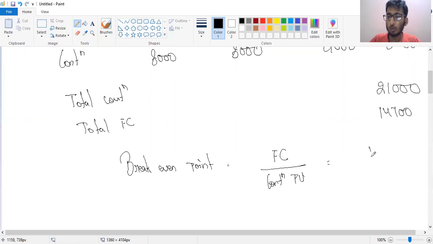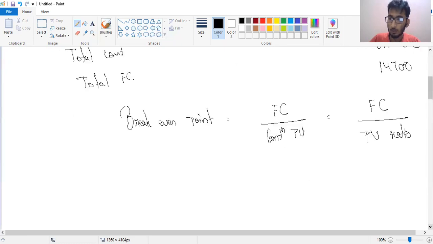So there is one more formula of break-even point, which is fixed cost divided by PV ratio, that is, fixed cost divided by profit volume ratio. I hope you know what is profit volume ratio. Profit volume ratio is contribution upon sales multiplied by 100. So fixed cost divided by PV ratio.